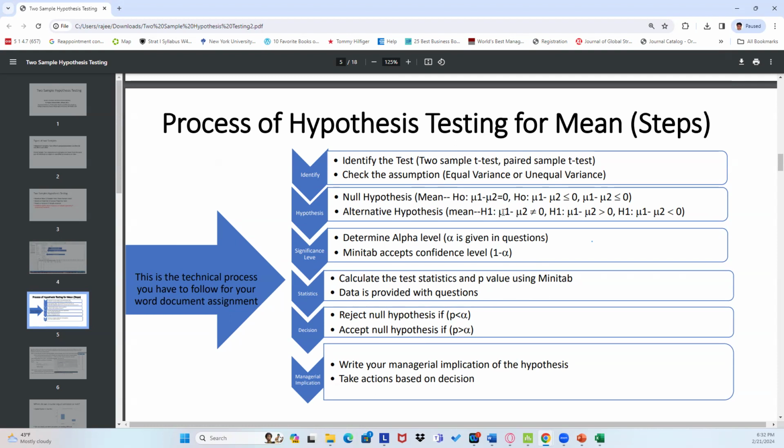Alternative: mu1 minus mu2 is not equal to 0, which means there is a difference in the mean of the samples, or a difference between international baggage weight and domestic baggage weight.